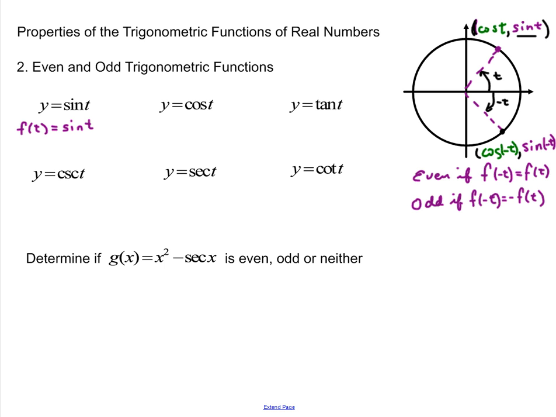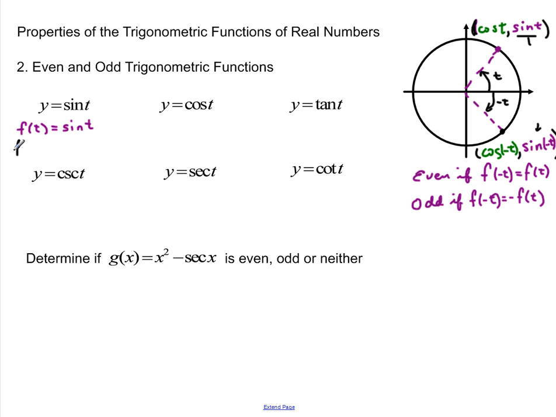Well, this is going to be very helpful for us to know, because if we're saying, well, f of t equals sine of t, f of t is equal to sine of t here and then down here. We know that the y-coordinate down here in this location is negative, and the y-coordinate here is positive.